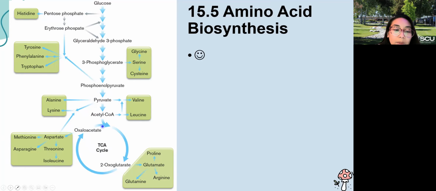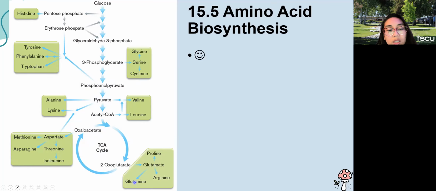The main ones that you really should know are oxaloacetate making these amino acids. You don't need to know that it makes these specifically, but you just need to know that oxaloacetate and alpha-ketoglutarate are two of the main ones in the TCA cycle that make amino acids. Pyruvate is also another big one, and phosphoenolpyruvate. Those are like the four main ones. This one, and that one.